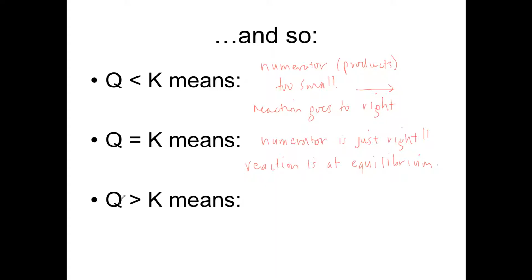Okay? And if Q is greater than K, that means there's too much product. That means that the reaction will go to the left. It's going to go that way and give less products and more reactants. Okay, that's what this means here.